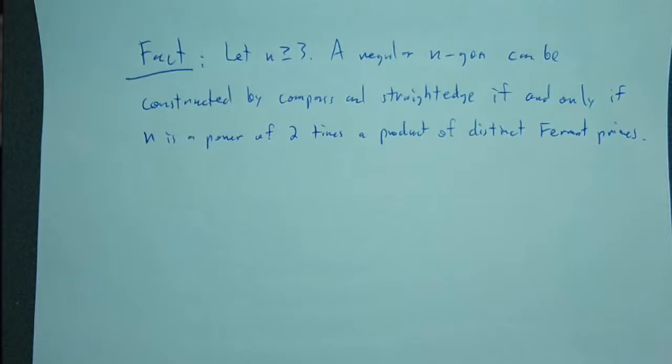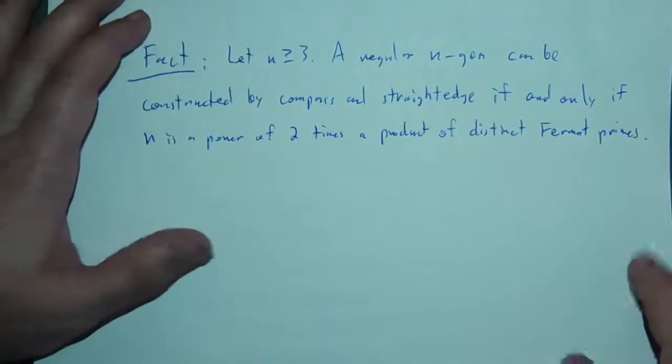Now it could be an empty product. So you know that I can construct a regular 4-gon, for instance. So that's fine.